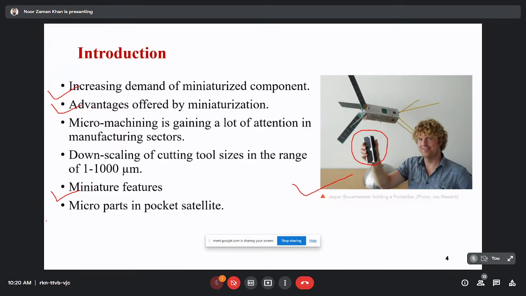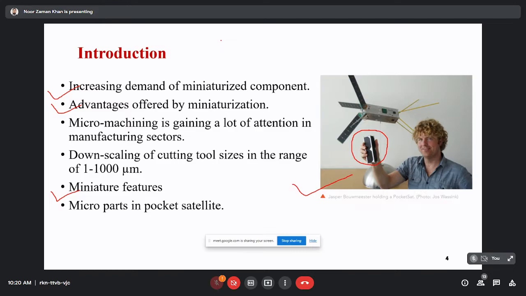So micro machining is a derivative of conventional machining processes. Earlier we had turning, milling, shaping operations, drilling, etc. If we convert the conventional machining process, that is nothing but micro machining.